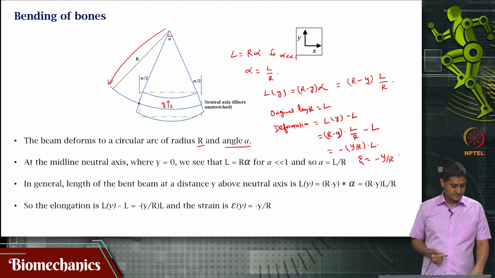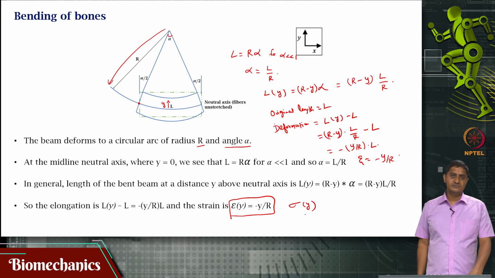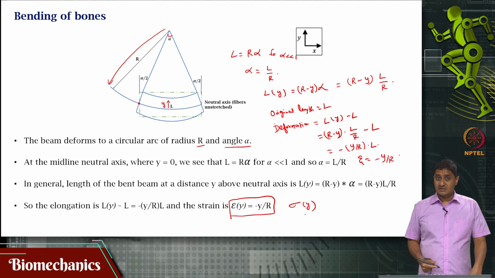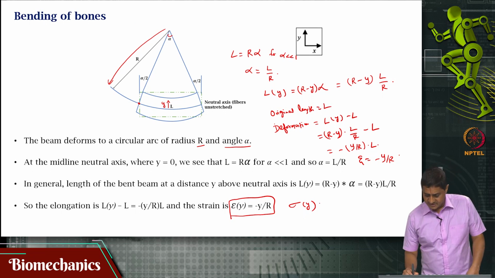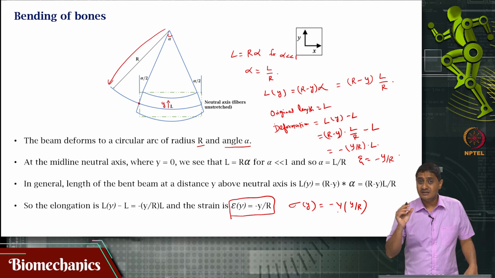What would be the stress? Epsilon y is minus of y by r. What is sigma of y? Assuming that this has elastic modulus capital Y, sigma of y would be minus capital Y times small y by r, where small y is the distance above the neutral axis where I am making this measurement.